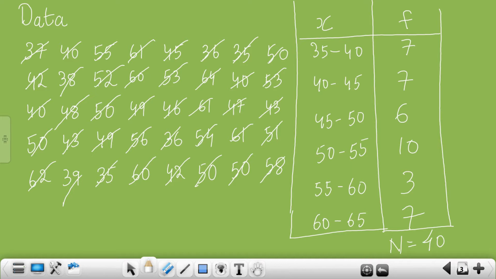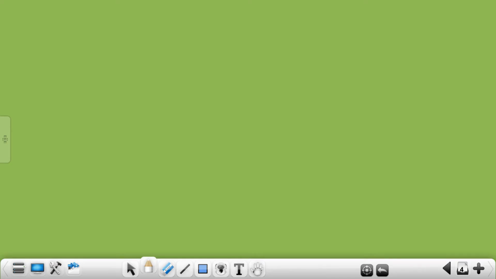We have understood what is your lower limit, what is your upper limit, what is the distance between the classes, what is your frequency, and we have the total number of observations, which is represented by n is equal to 40, right? So let us look at the next example.